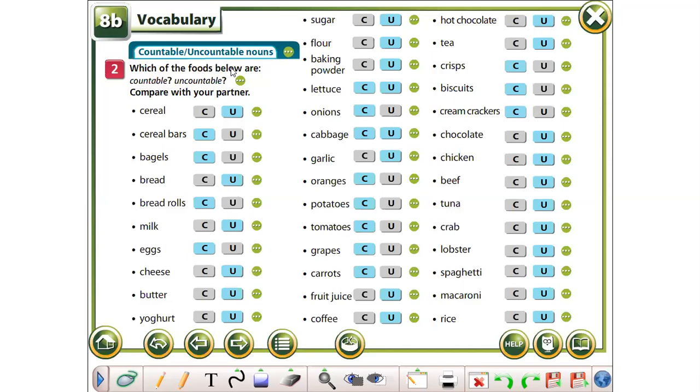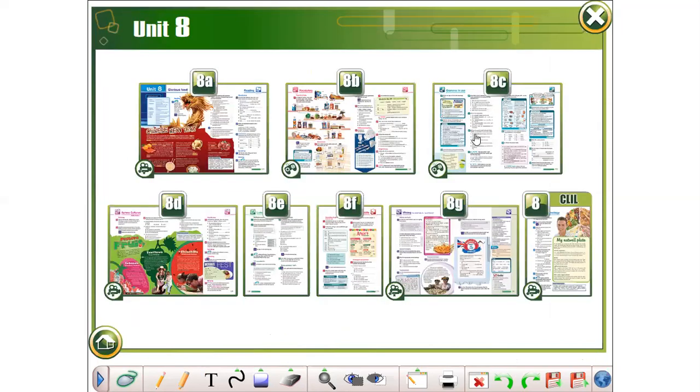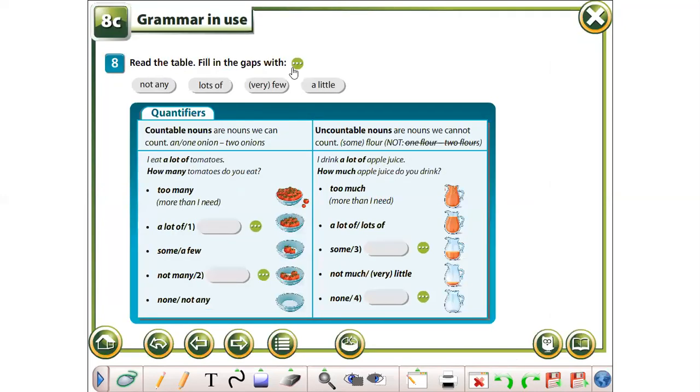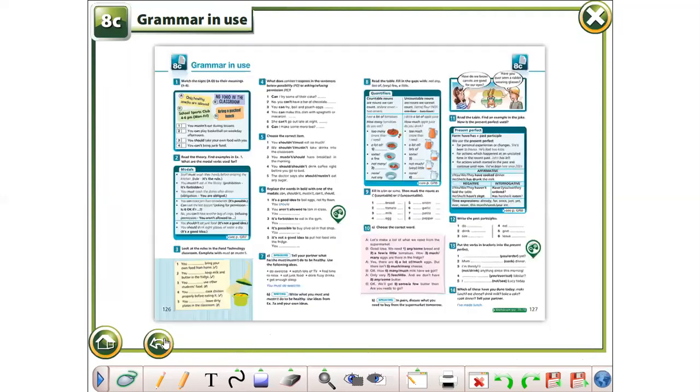Okay, but remember in this case, milk, can you count the milk or is it uncountable? Uncountable. So remember that if I have something that is uncountable, I have to use this. Maybe you can say I have a lot of or lots of milk. Okay, thank you.